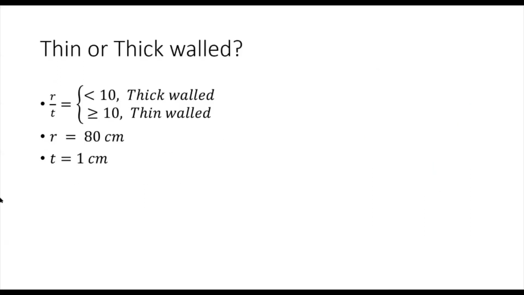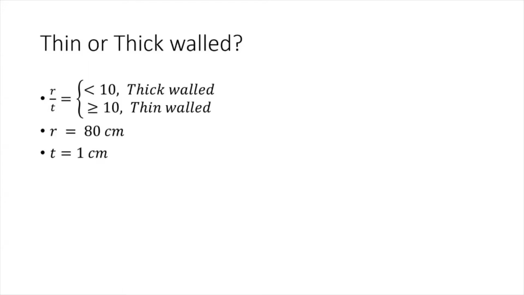First, we need to check if the sphere is thin or thick-walled. When the wall thickness is less than about 1/10 of the radius, the vessel can be considered thin-walled. The radius of our spherical vessel is 80 centimeters, which is 80 times greater than the wall thickness. That means we can consider our pressure vessel as thin-walled.